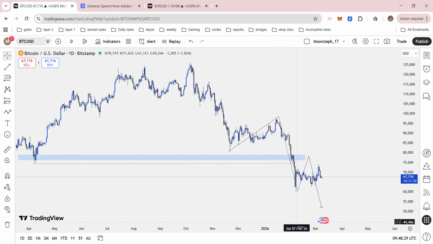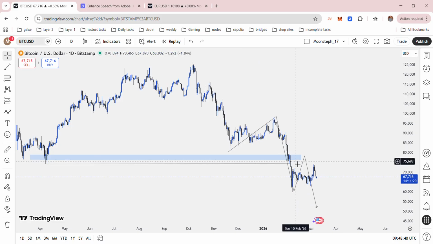After a long-term downtrend, it goes back up for correction and comes back down. I don't know if you get me. So I expect price to get to this zone before reversing back down.